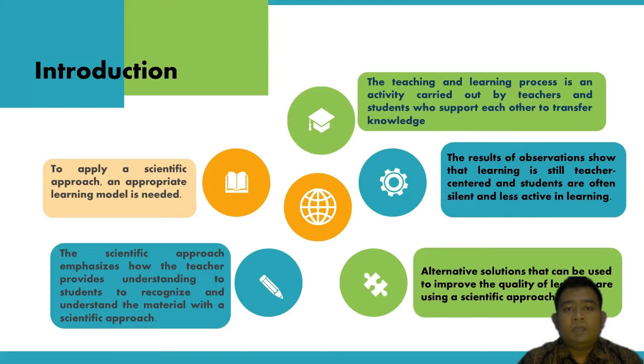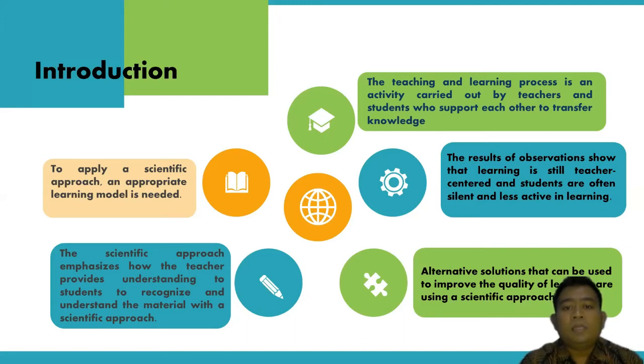Introduction. The teaching and learning process is an activity performed by teachers and students who support each other to transfer knowledge. To improve learning outcome, teachers design activities that can facilitate students to learn new knowledge or value through a process. The teachers design a systematic learning process that covers design, implementation, and evaluation.